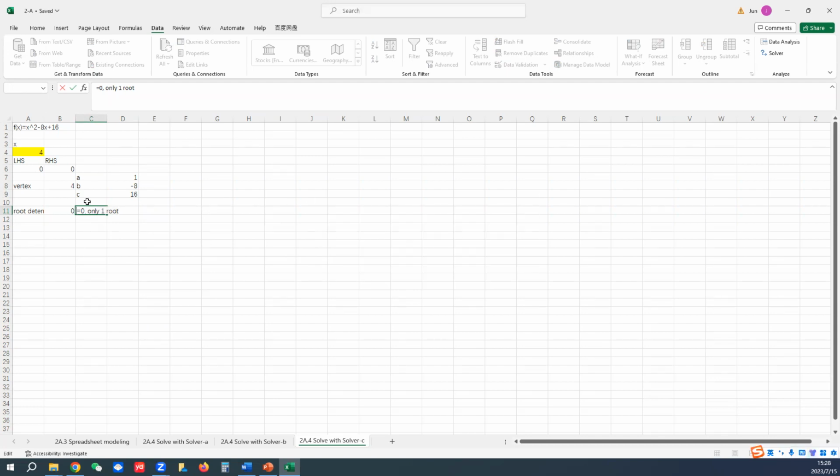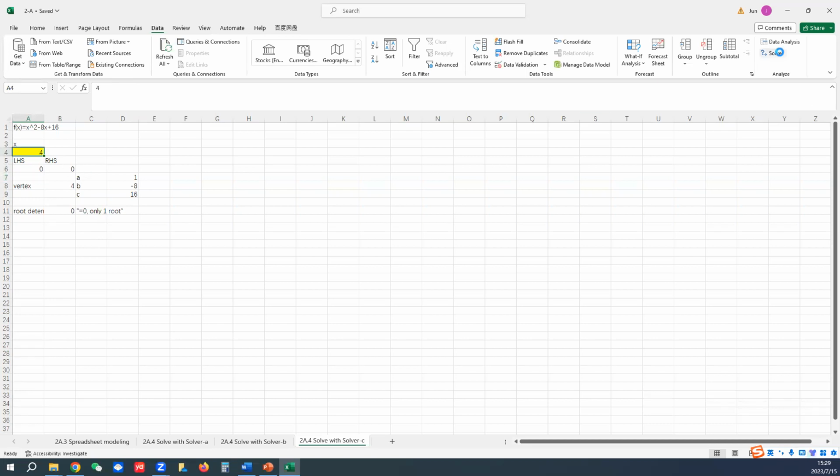We should add the quotation mark telling it the equal sign is not a calculation. Usually when you add an equal sign, you need to calculate using the value of cells, but here it's just to demonstrate. So there is only one root, and that's 4.